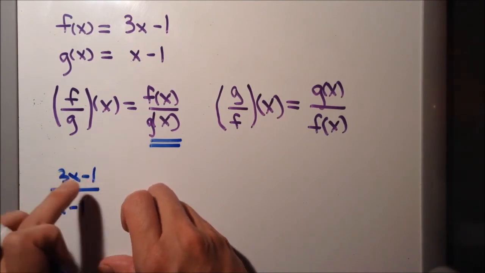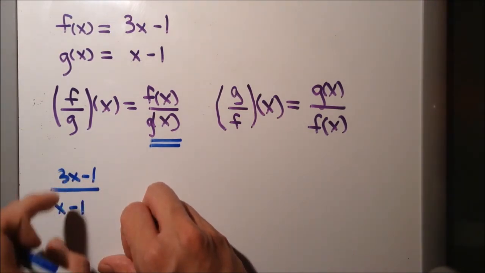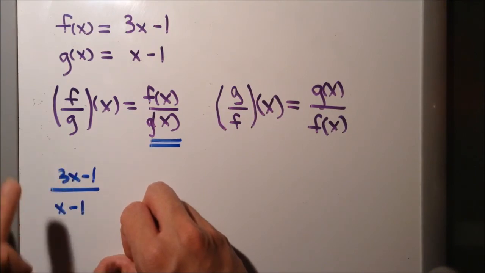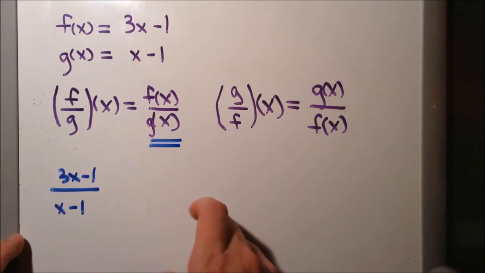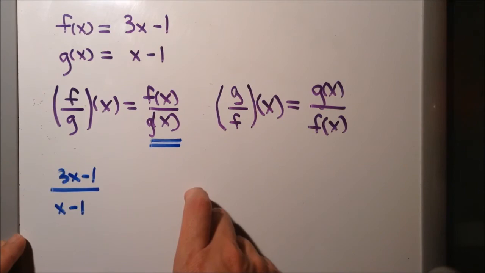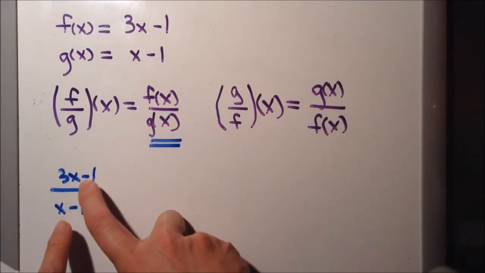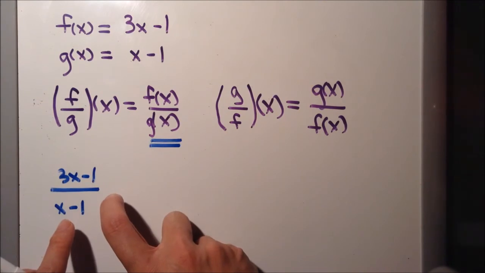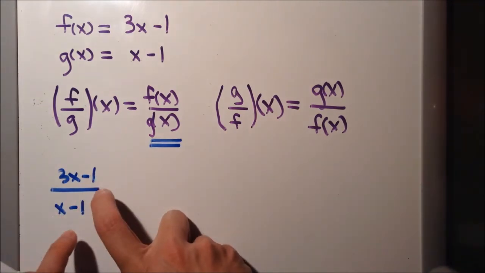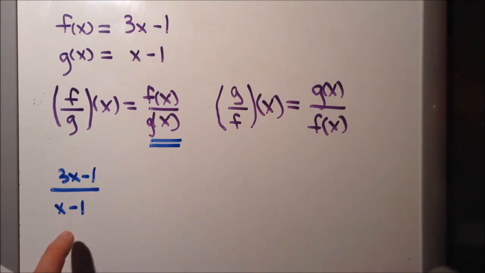Now, if it's multiplying or dividing in the top or bottom of a fraction, then there's a possibility we may be able to simplify. But in this case, we cannot. So again, if there's a minus and there's a plus, there's nothing you can simplify. So you should not cross out anything unless there's multiplication or division on the top.